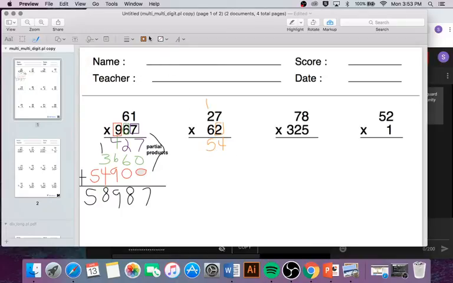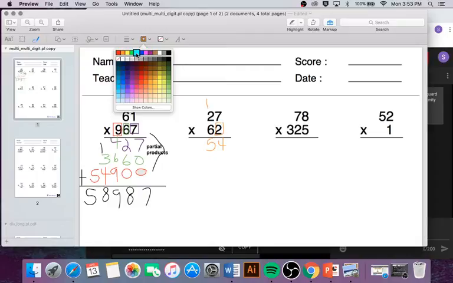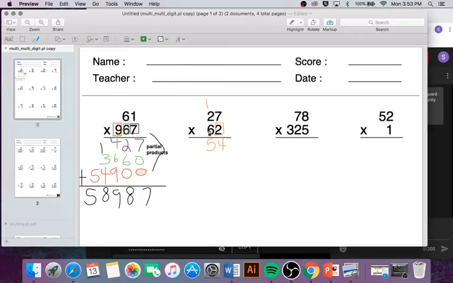Okay, then we're going to move over to our next number in the tens place, which is our 6. So we have 6 times 7, which is 42. So we're going to put our 2 underneath the number we're multiplying it times, and then carry our 4.